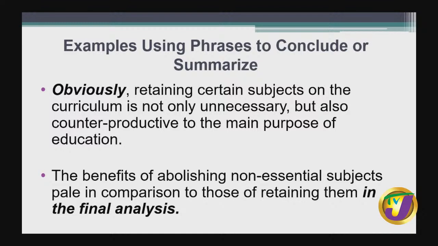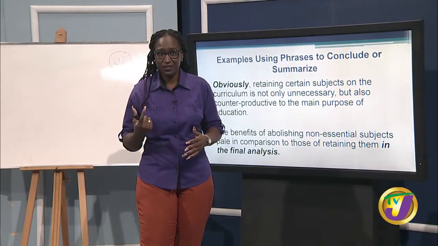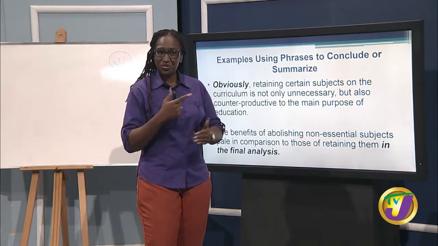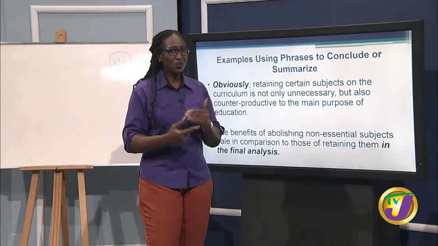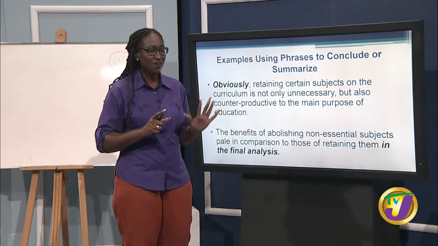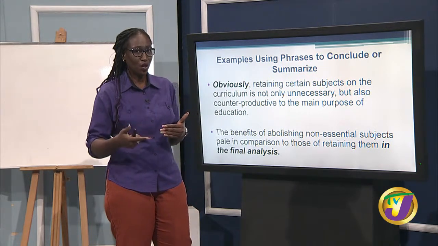And what you're saying now, in summing up your argument, is that the benefits do not match up to the drawbacks. So after you have gone through, you have weighed the pros and you have weighed the cons, in the final analysis, it is not worth it. It is not worth it to keep them. So the benefits that you may get are not worth what it will cost you in the long run.